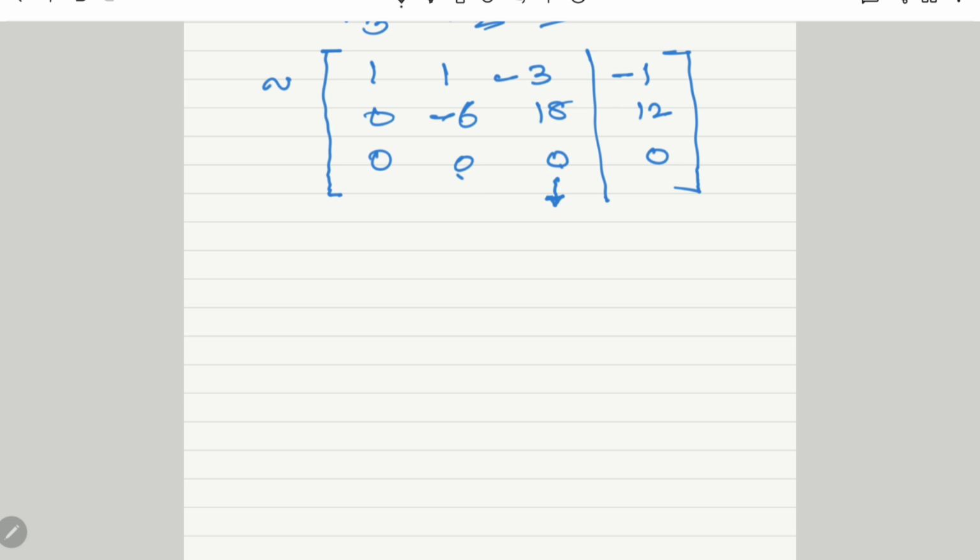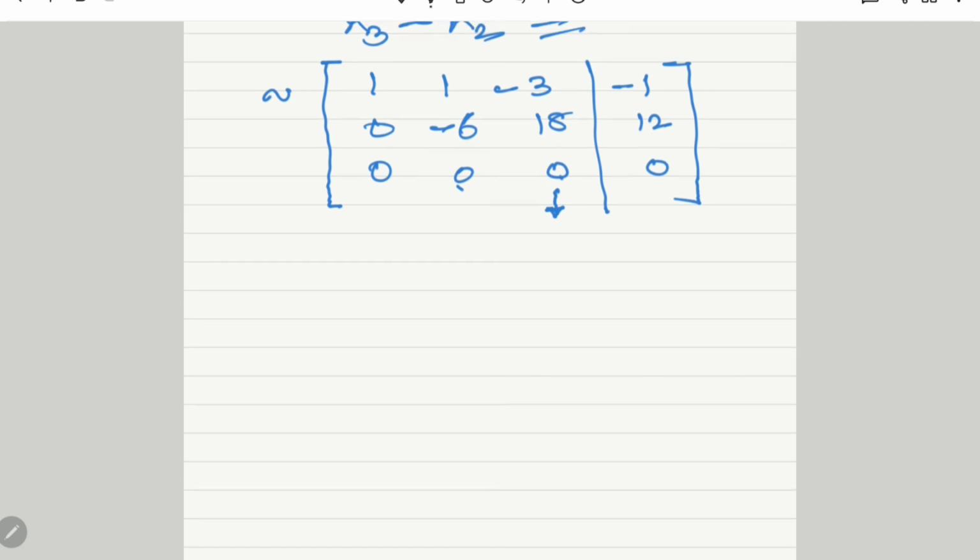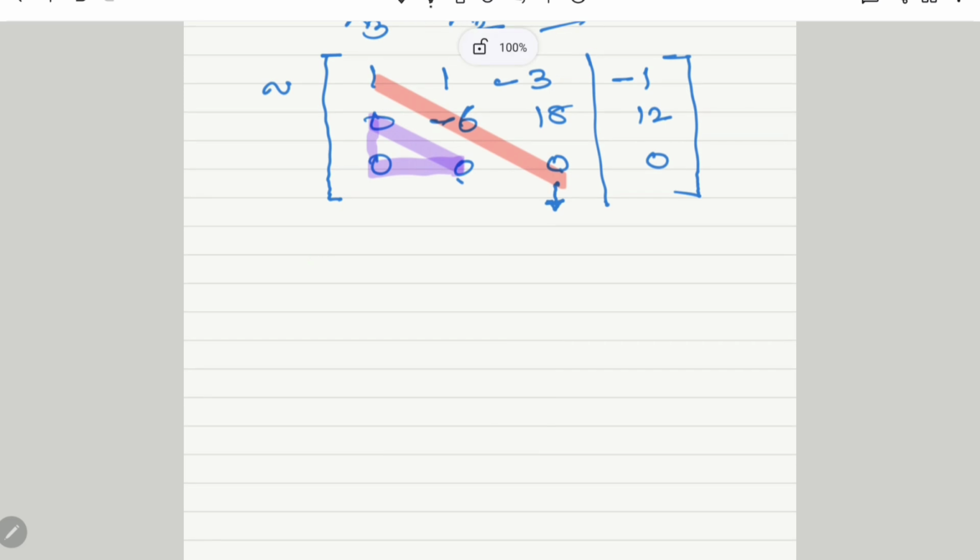If we observe here, all these principal diagonal elements are non-zero except the last one: 1, minus 6 and 0, and lower diagonal elements are 0. Whatever form we have, it is called the canonical form.